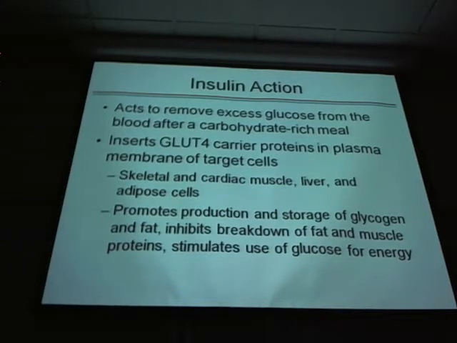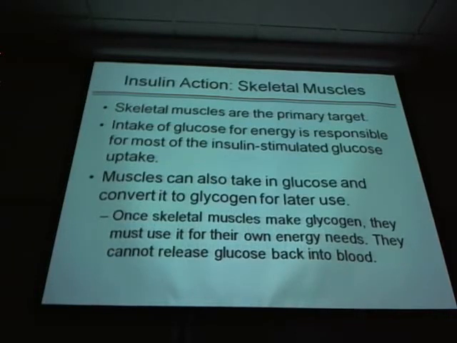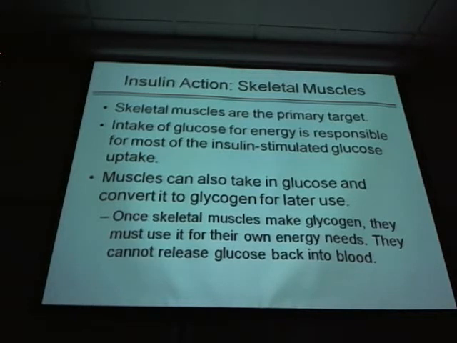Insulin removes excess glucose, inserts GLUT4 into plasma membranes of skeletal muscle, cardiac muscle, liver, and adipose. It promotes production and storage of glycogen and inhibits the breakdown of fat. Skeletal muscles are the primary target; they take in the glucose for energy.